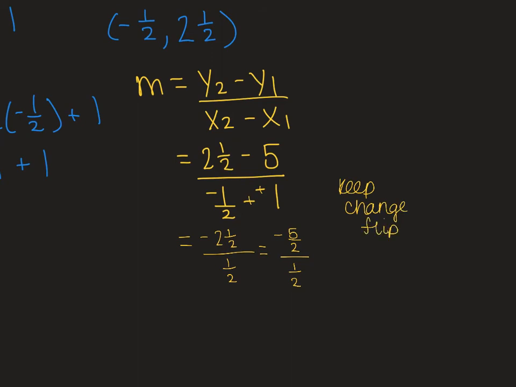And that's how you divide fractions. So we're going to keep the top, change the sign, flip the bottom. So we have negative 5 over 2. We're going to change to multiplication and flip to 2 over 1. Hopefully you remember that these 2's are going to cancel out. And your slope, or your average rate of change, is going to be negative 5.